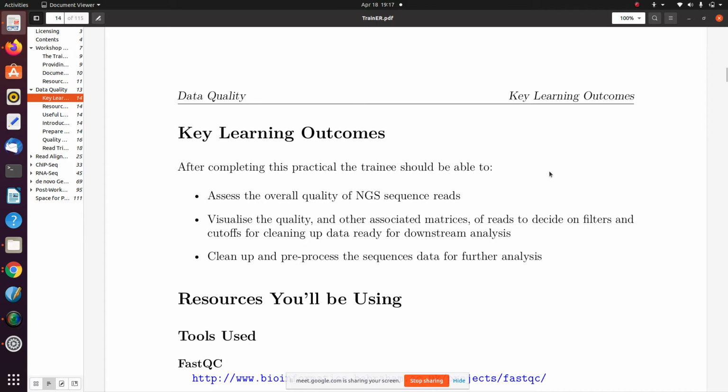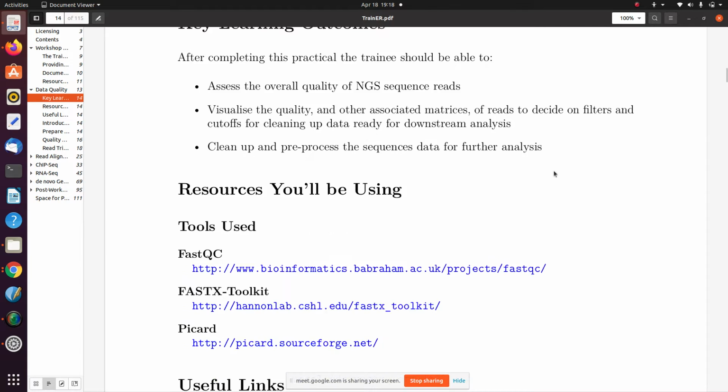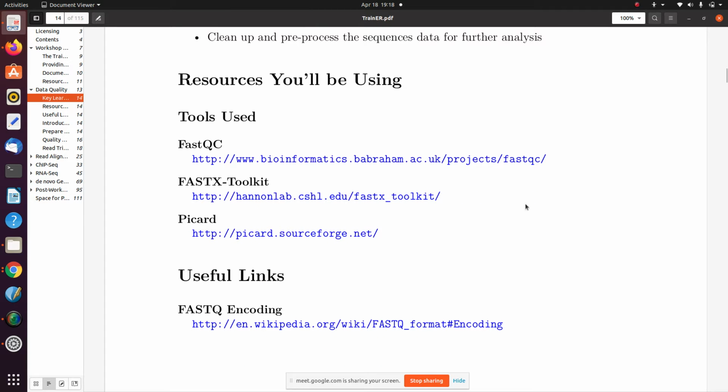To assess the overall quality of NGS sequencing, visualize the quality and other associated metrics to decide on filters and cutoffs for cleaning up data ready for upstream analysis, and to clean up and preprocess the sequence data for further analysis. These are the tools we will mainly be using: FastQC, FastX Toolkit, and Picard, and FastQ encoding. Also, you must know this, if you open this link.